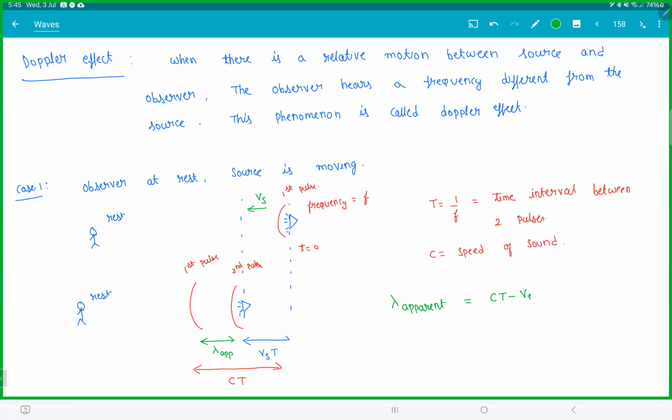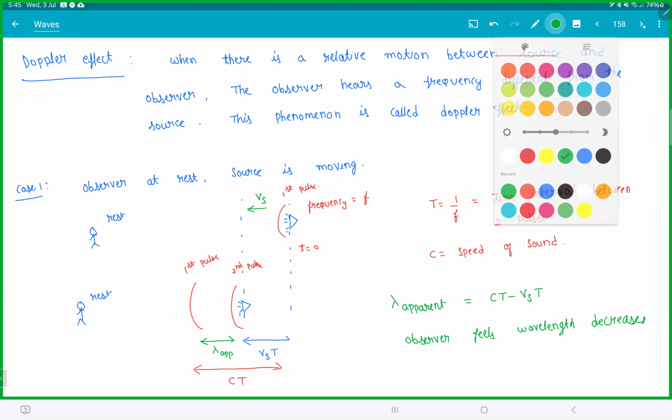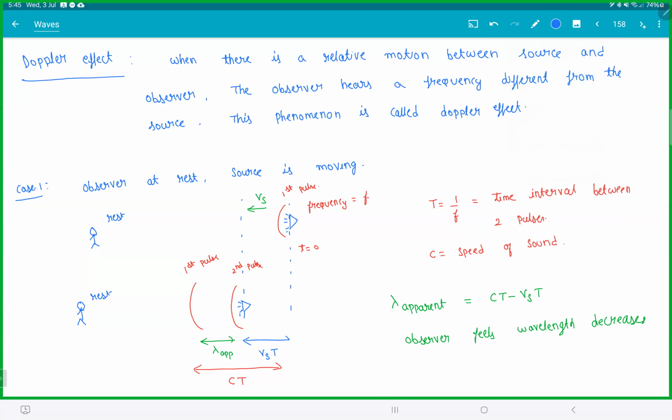So the observer thinks the wavelength has shrunk. Have a look at this. Whenever the source moves, he will feel the wavelength has decreased.